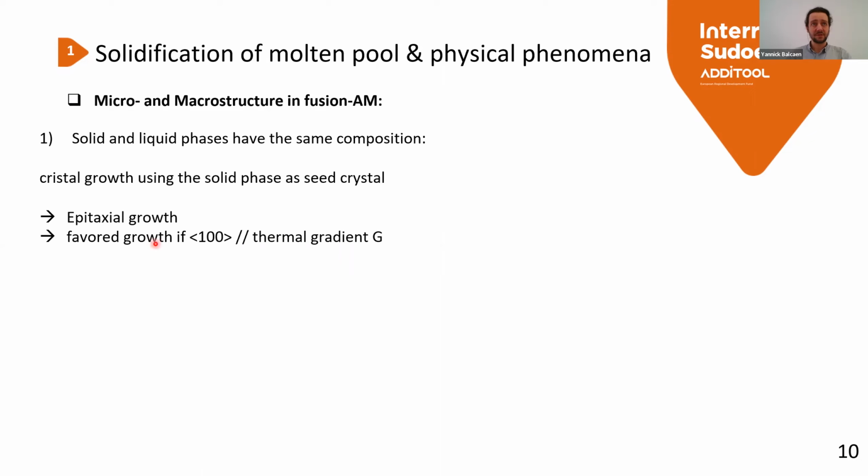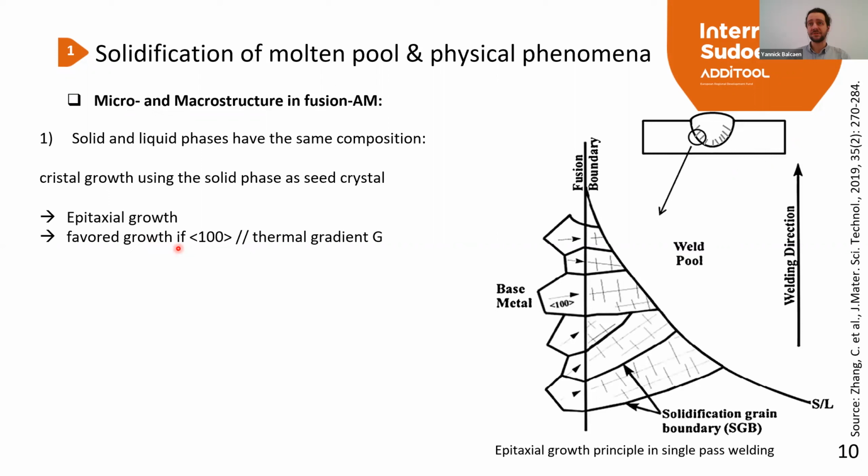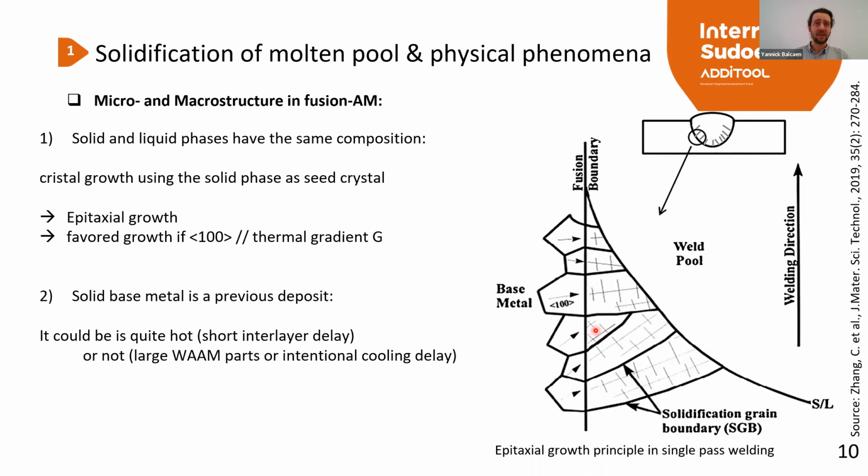So we have an epitaxial growth and a favorite growth in 1-0-0 directions. So we have competition between grains growing at the liquid-solid interface, and the well-oriented grains win the game and will end the solidification process.